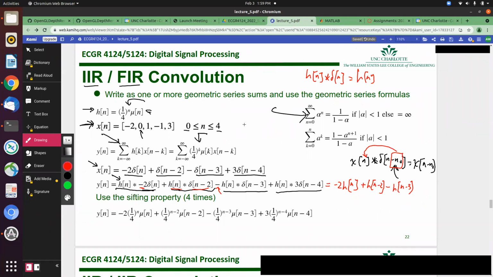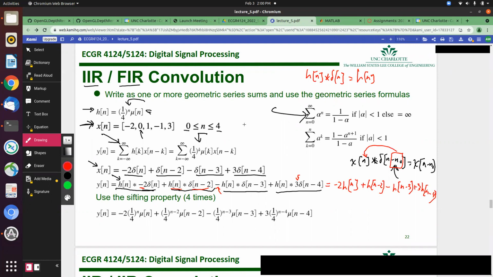H of n minus 4. So there's a 3 here, so we have to note that. So it's plus 3 h of n minus 4. And we just did that convolution. Was that scary? Maybe a little bit, but we go to the sifting property, we exercise the sifting property, and we come out unscathed. So there's a sifting property based problem.